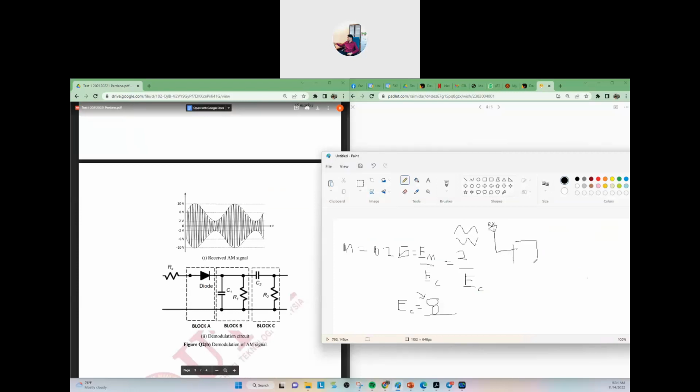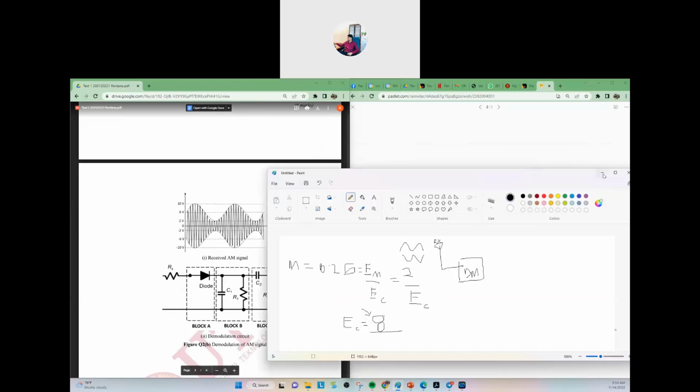The demodulation circuit tries to retrieve back the original information signal, maybe not similar in terms of scaling or amplitude, because the received signal is usually weak and will not be the same strength as what we transmit.